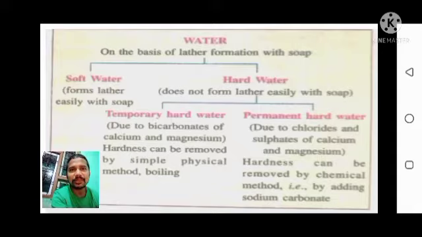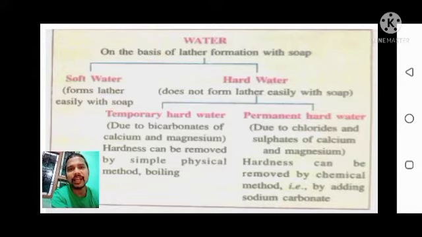What causes temporary hardness of water? I have told you yesterday only. There are 6 types of salts that cause hardness of water. So these salts are calcium bicarbonate, magnesium bicarbonate, calcium chloride, magnesium chloride, calcium sulfate and magnesium sulfate.